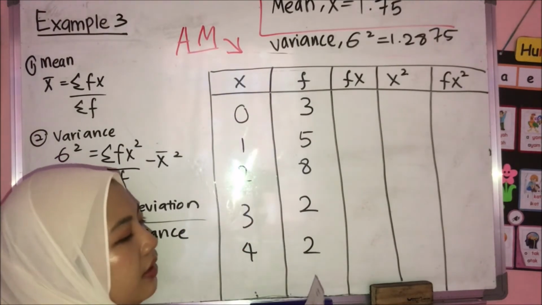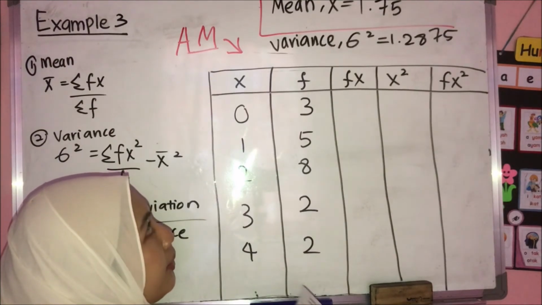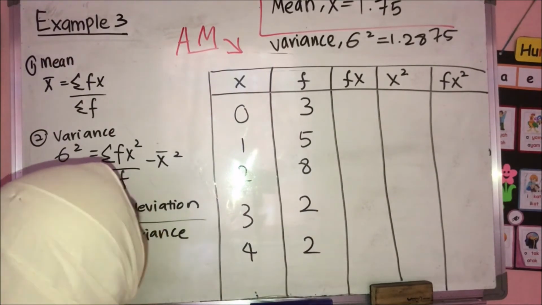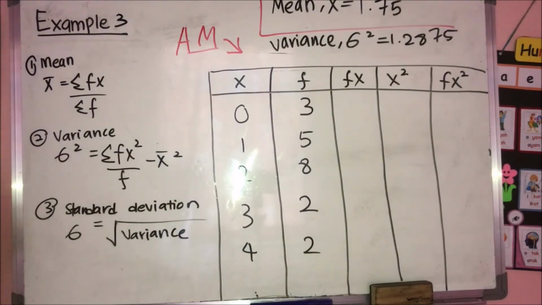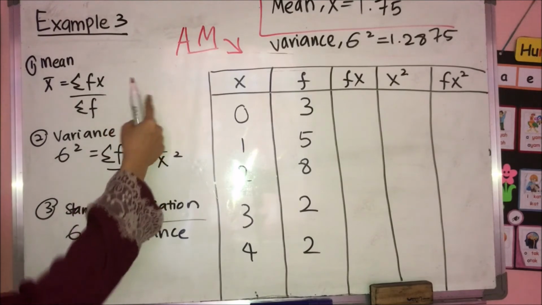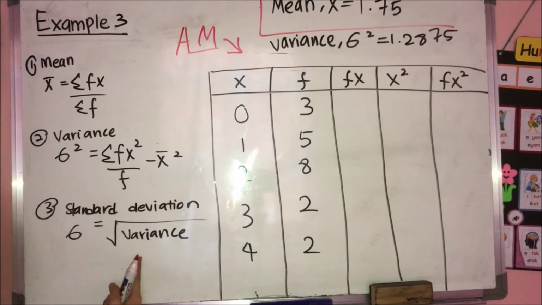We can use a table also to find the mean, variance, and standard deviation. So we look at the formula first. This one is the formula of mean, the formula of variance, and the formula of standard deviation.